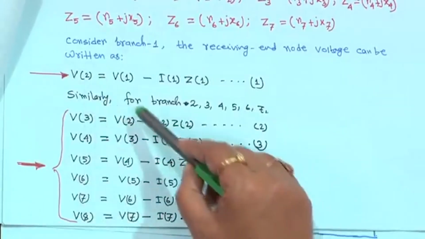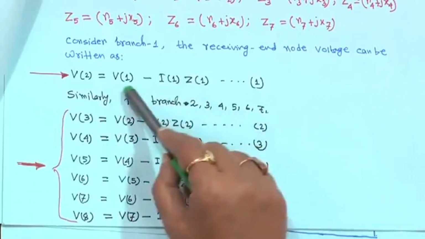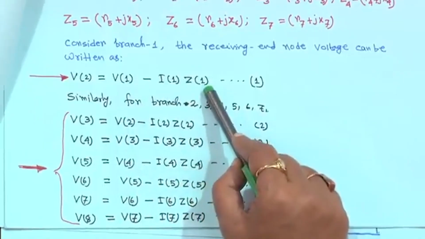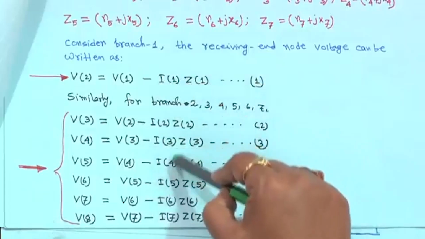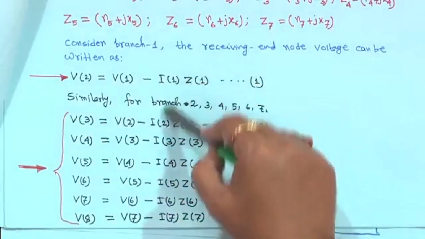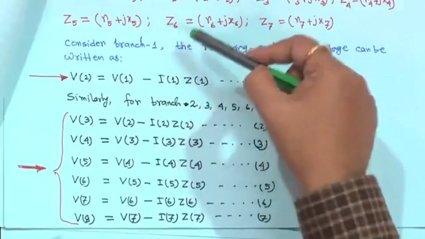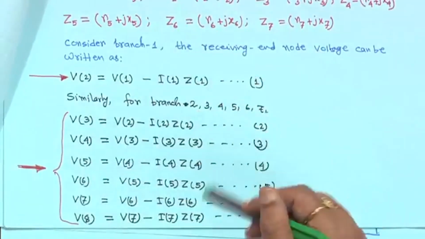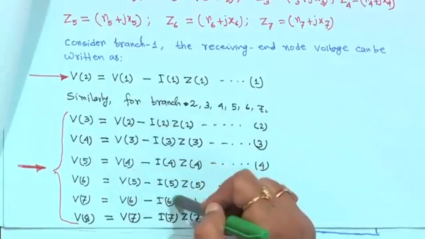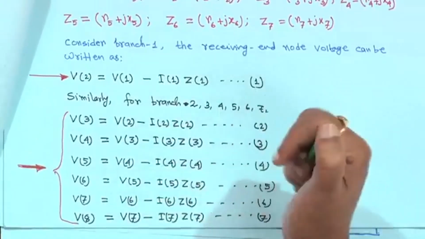But before computing V2 equal to V1 minus I1 Z1, we have to compute the initial values of I1, I2, I3, I4, I5, I6, I7. These initial values must be computed before computing V2, V3. For your understanding, I am first writing this equation, and after that I will show how to compute the currents.